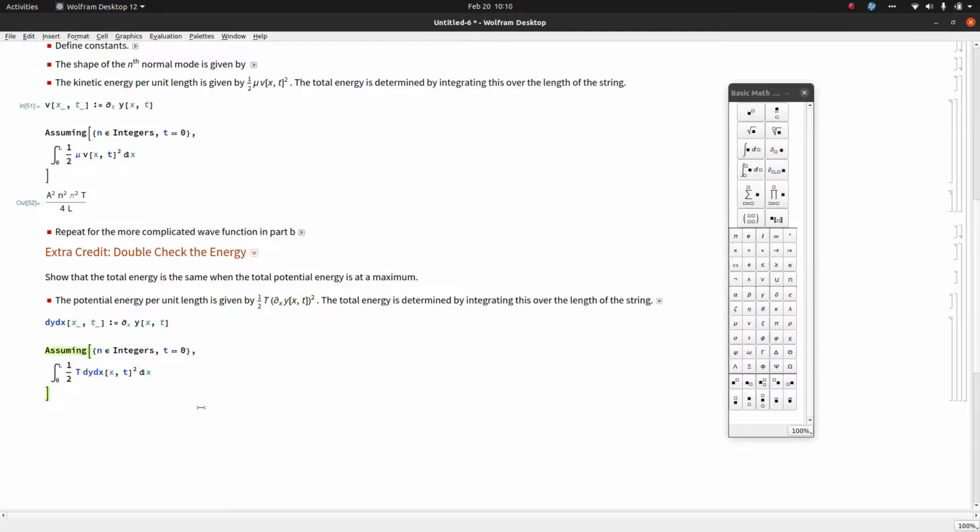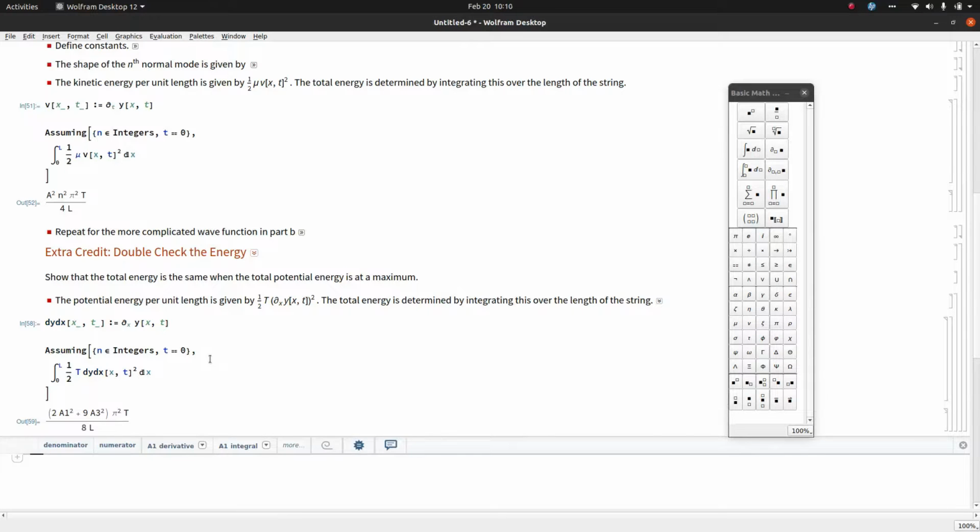And I don't have mass per unit length. I have the tension here. So I'm just copying the potential energy per unit length equation. I think this is everything I need, so we're just going to go ahead and evaluate. Let that run for a second.